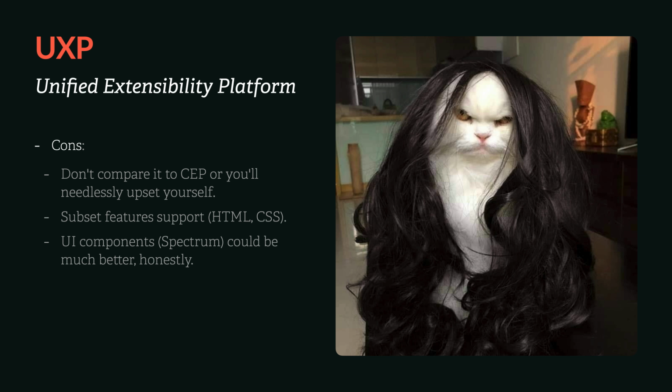In the UI department, if you want to complain, and in this case I will, there could be room for improvement. The UI is built through Spectrum components. Spectrum, if you're not familiar with it, and I believe I have a video about it, is the Adobe design system that they use in their applications and various websites to different extents.